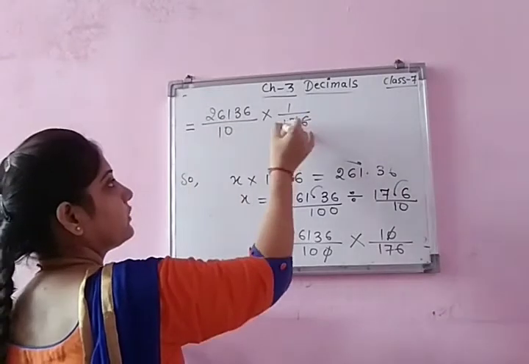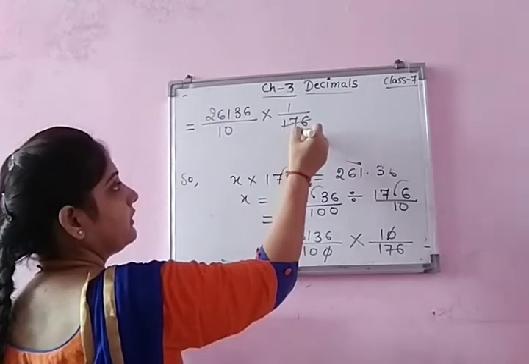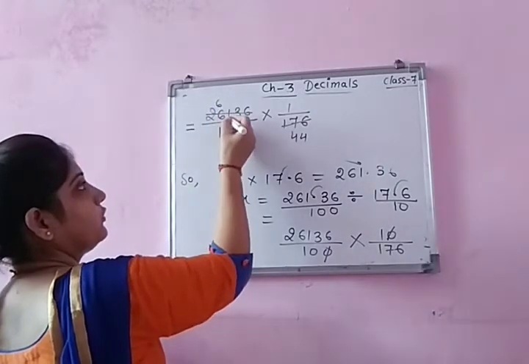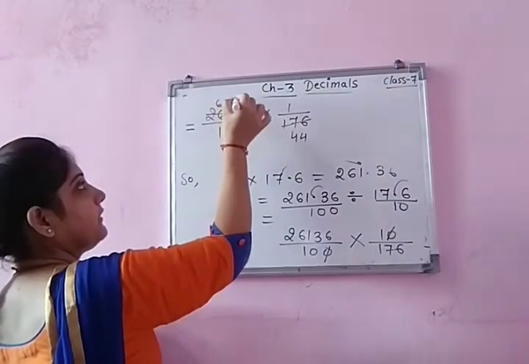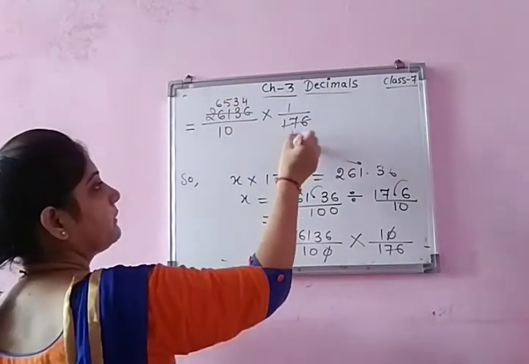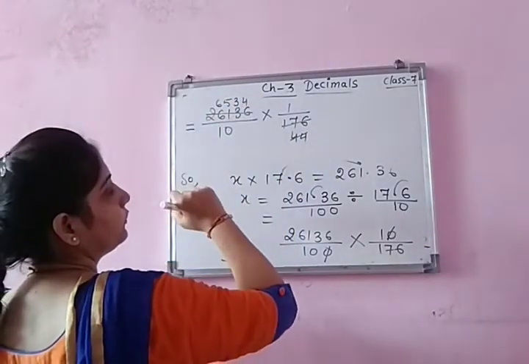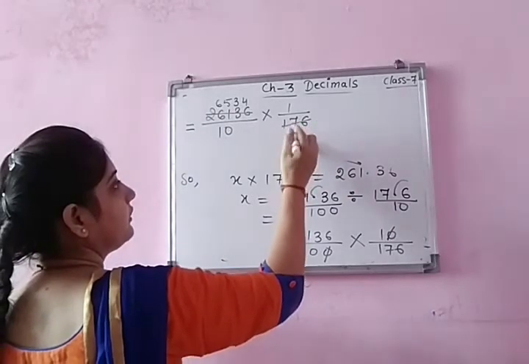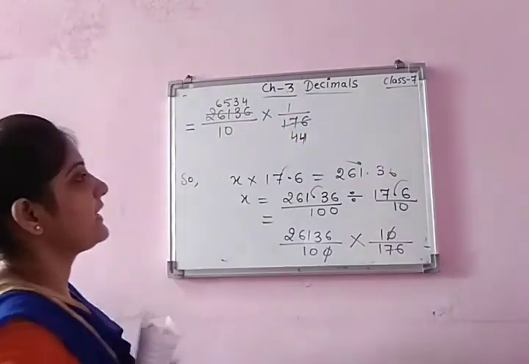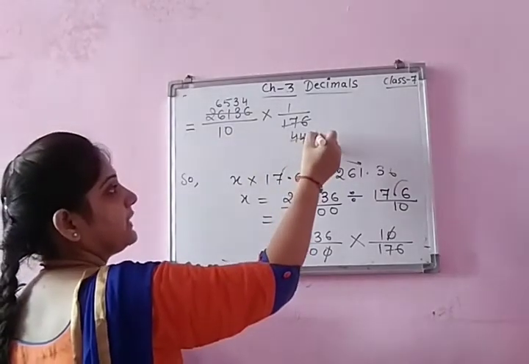I think we will do it by 4. 4 4s are 16. 4 4s are 16. 4 6s are 24. 4 5s are 20. 4 6s are 12. 4 4s are 16. Now I think again by 4 I can do. No, it is not solved. So let's do with 11 maybe. Yes, by 11 because 44 comes in that.